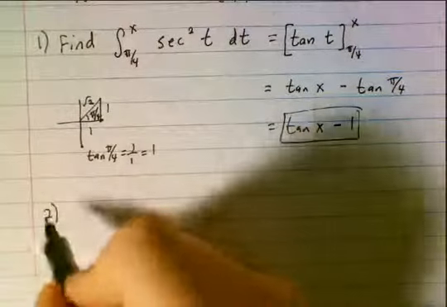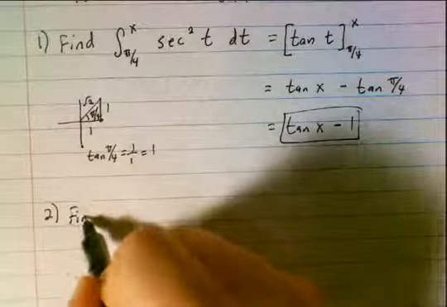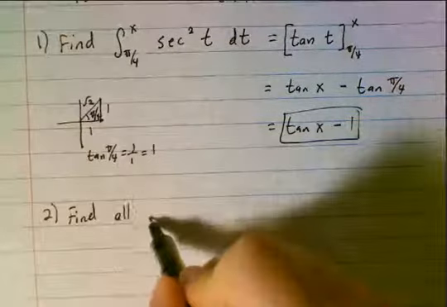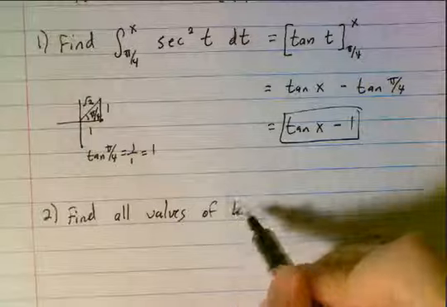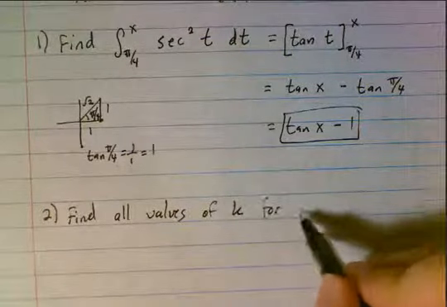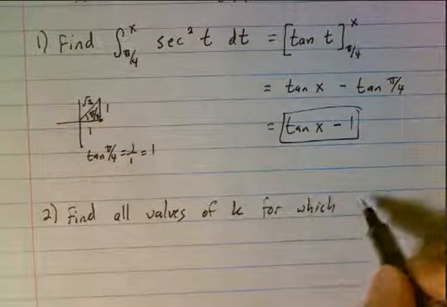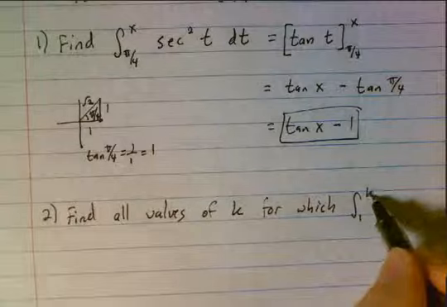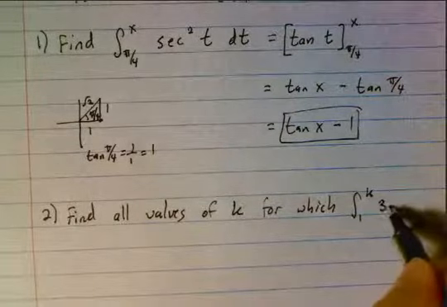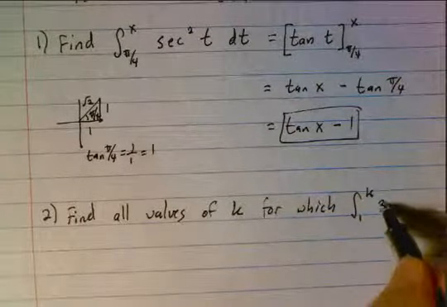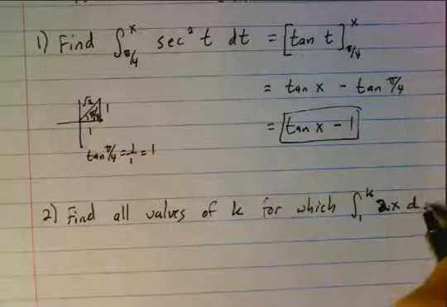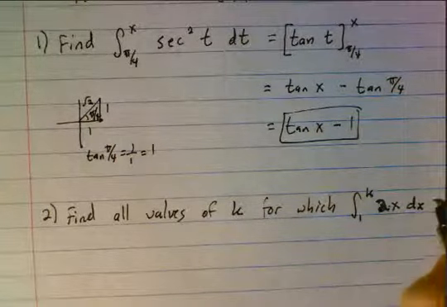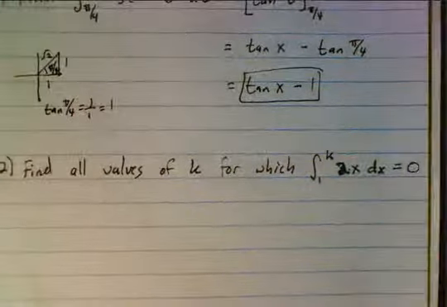We can also see problems that ask us to have a little more creativity, such as find all values of k for which the integral from 1 to k of 2x dx equals 0.